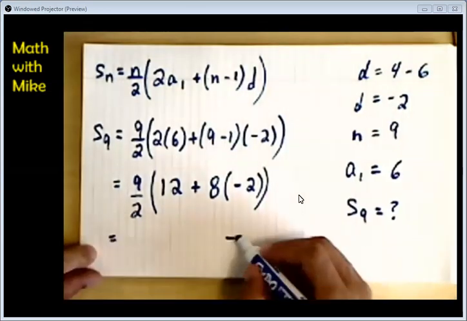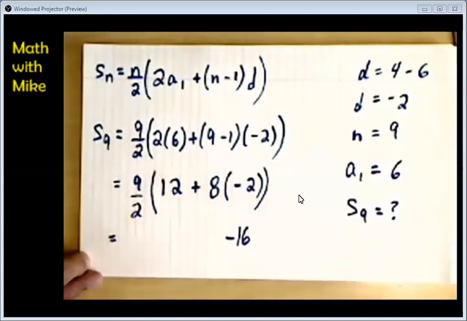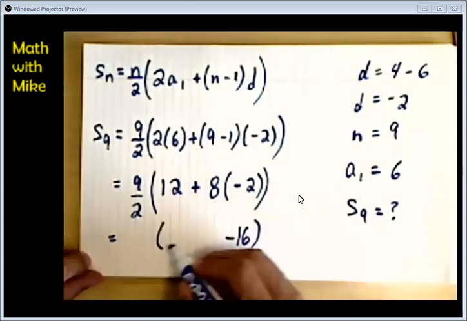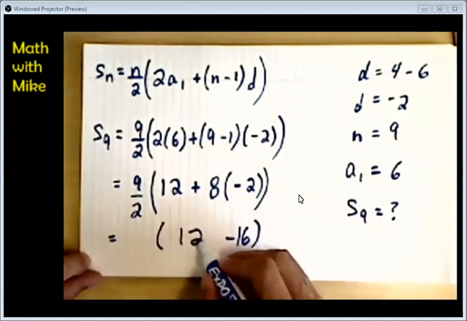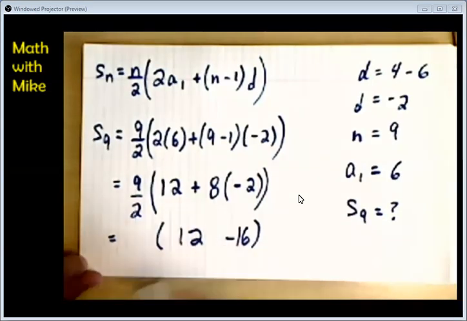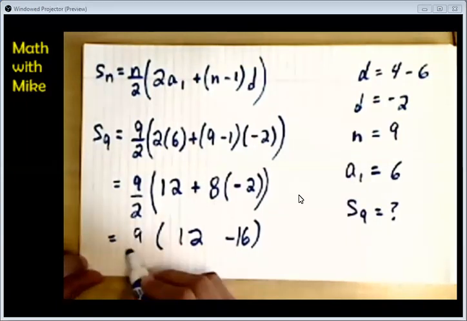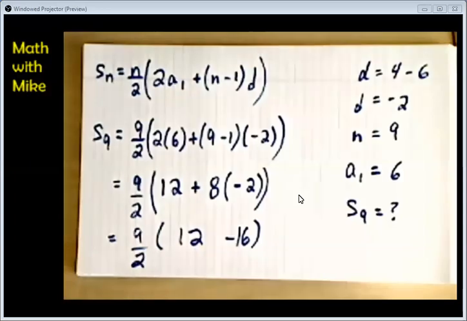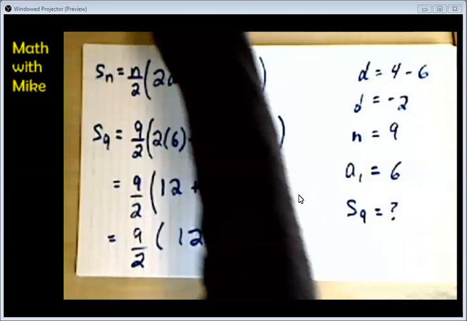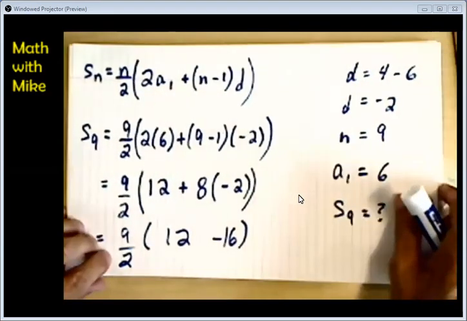Minus 16 for that part, with a 1 in there, still in brackets because we haven't fixed those yet. And it's subtract now, it's got to be clear on that. And then our 4.5 out in front, our 9 divided by 2. I'm going to let you figure that out again.